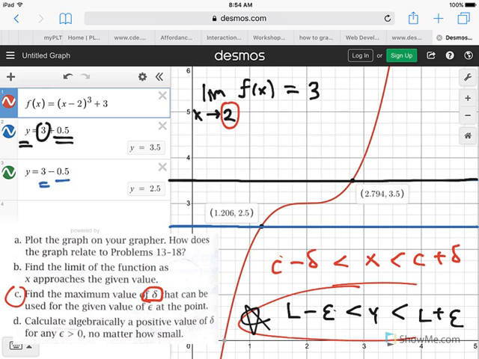So how do you figure out what delta should be for this particular problem? For this problem, C is, of course, 2, and L is 3.